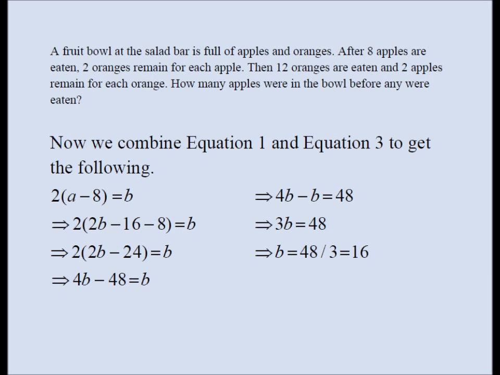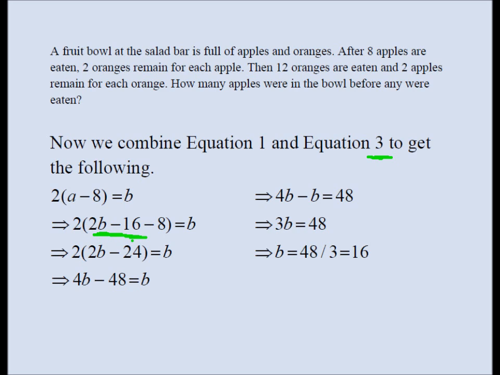Okay. Now what I have here is 2 times A minus 8 is equal to B is the first equation. I'm going to put back the value of A that I got and I called that equation 3. So I got A is equal to 2B minus 16. This is coming from equation 3.